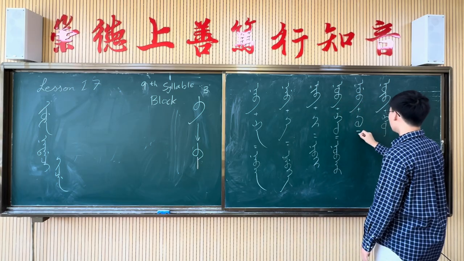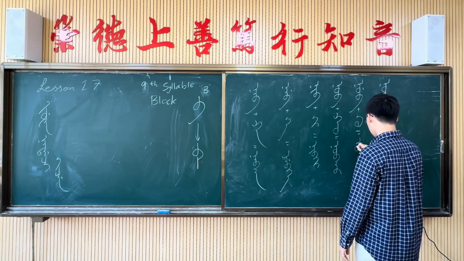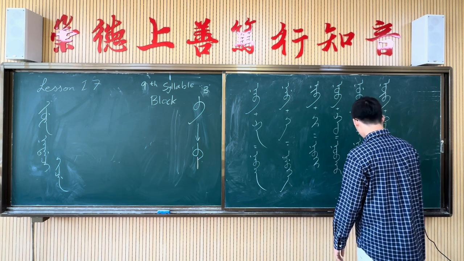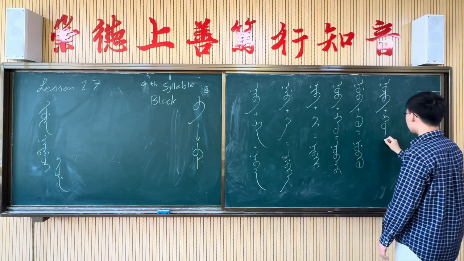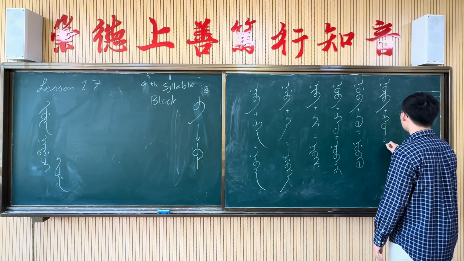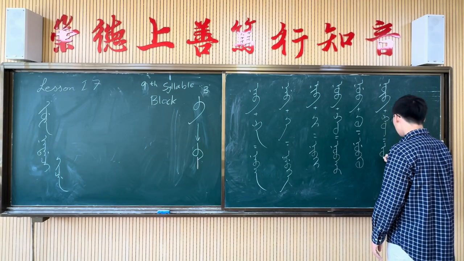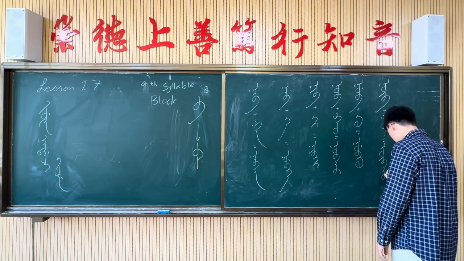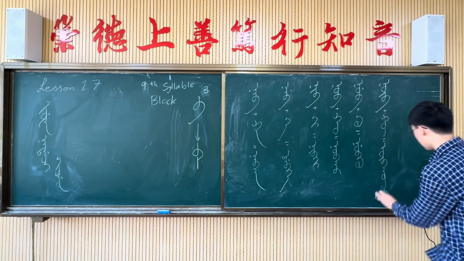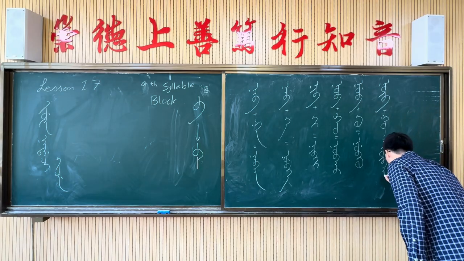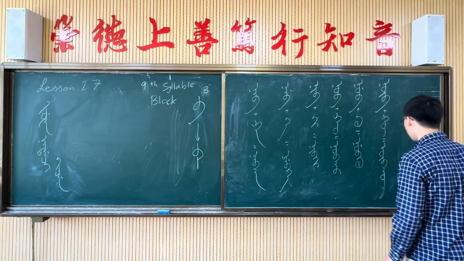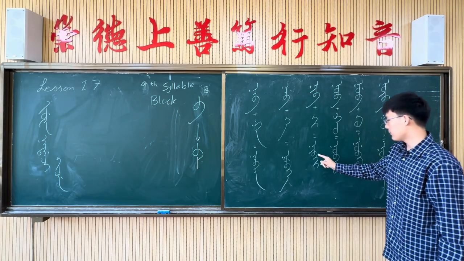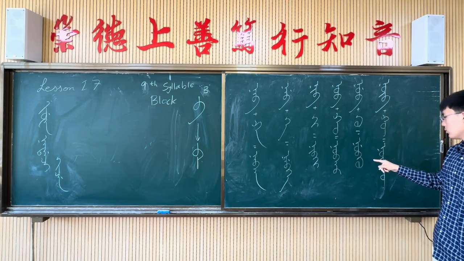For noob, it will be noob ku. And last for nob, it's going to be nob po. Nab ka, nub ke, nib ki, nob ko, noob ku, nob po.